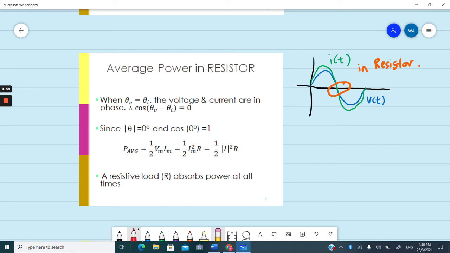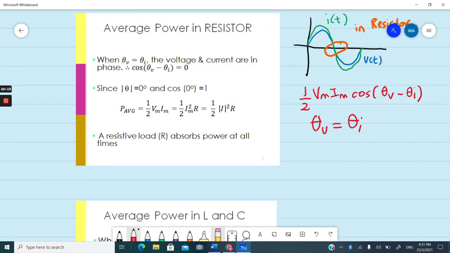Since the equation of average power is half V_m I_m cos(theta_V minus theta_I), in a resistor the angle for voltage is equal to the angle of current. Since the angles are equal, cos(theta_V minus theta_I) will be cos 0.